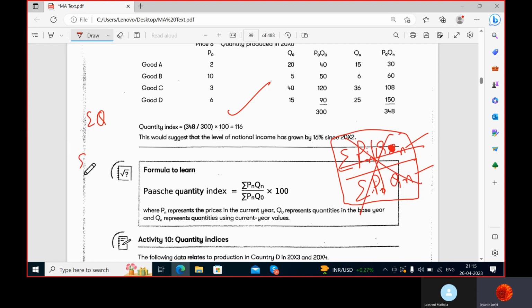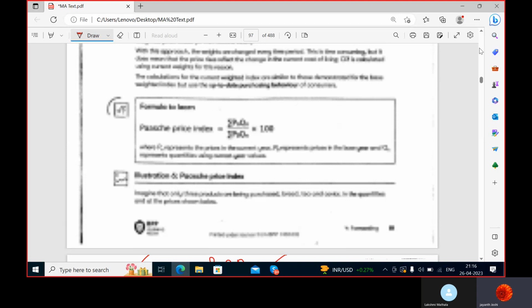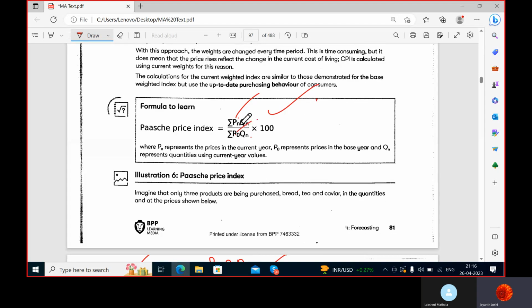The formula was Pn Qn by P naught Qn. This was the formula for the price index, yes?